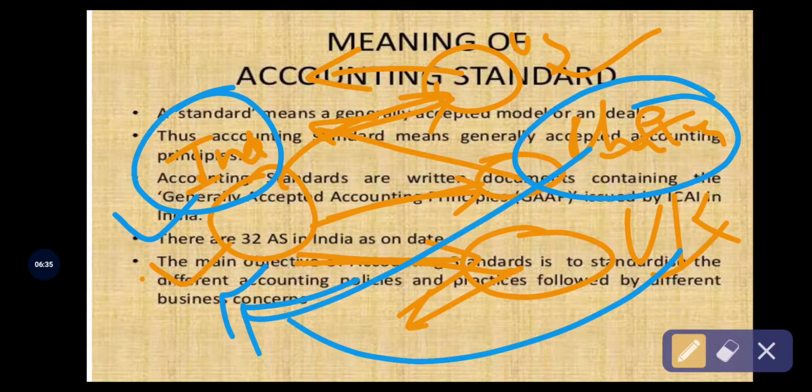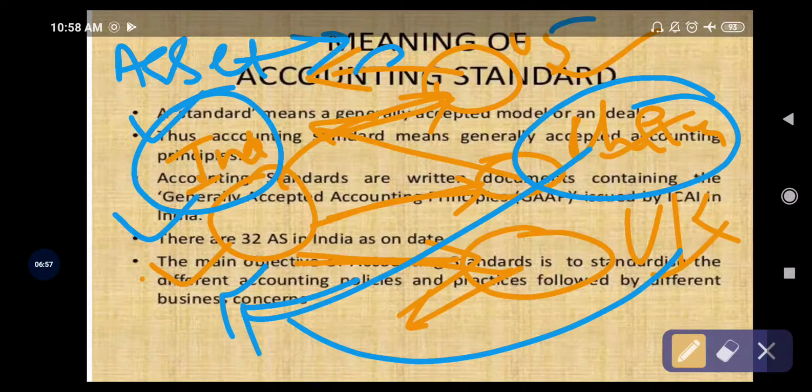Here the problem that arises is that the USA people or UK people, the people abroad, our investors, are unable to understand our financial statements. I already told you in the previous class, what they think of as an asset may show here as an expenditure.